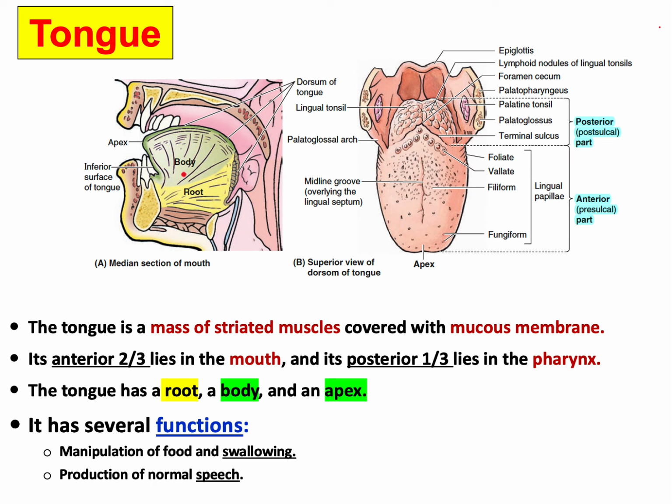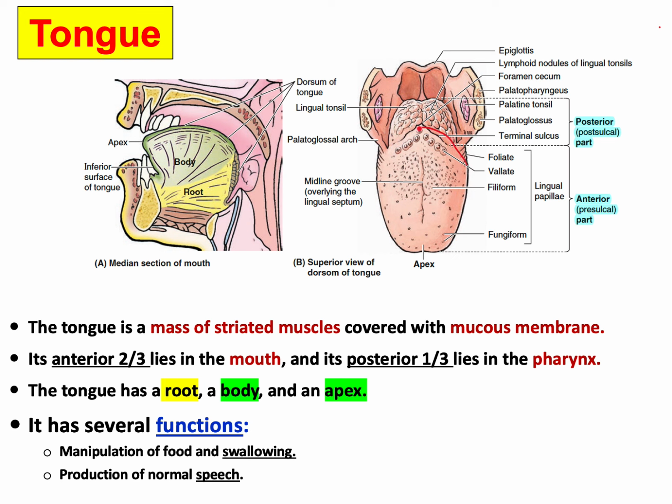Well, guys, I would like you to know first of all that the tongue is a striated muscle that's covered with a mucous membrane, as you see. Furthermore, we can divide it into two parts, anterior 2/3 and posterior 1/3.